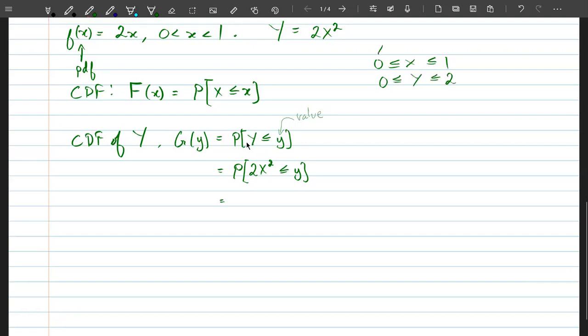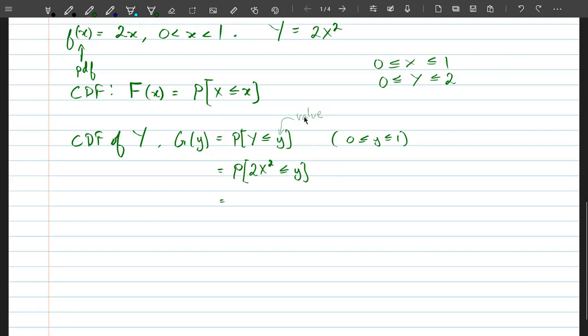So just square these and multiply by 2: 0 squared times 2 and 1 squared times 2. So this is assuming this value y lies between 0 and 2. Otherwise it's clear. For anything less than 0, this will be 0. And for anything greater than 2, this will be 1, because it's the CDF. Okay, so that part is obvious. We only look at the non-trivial part.